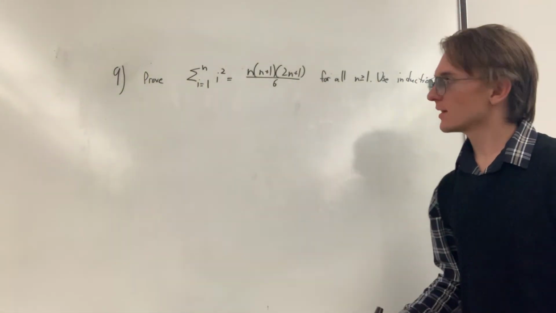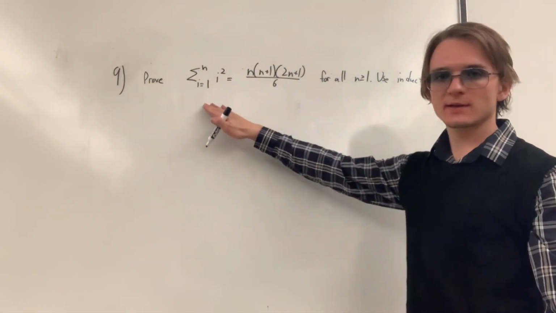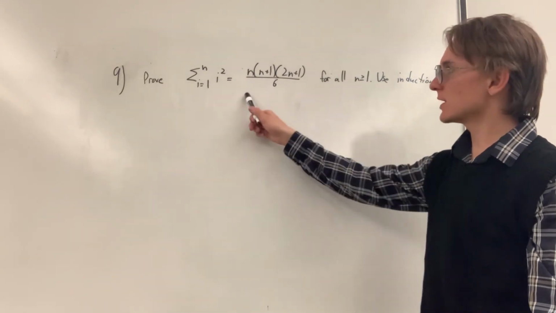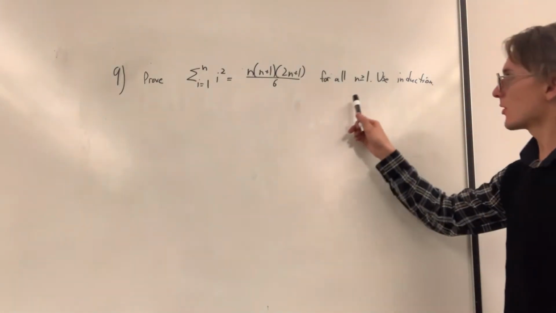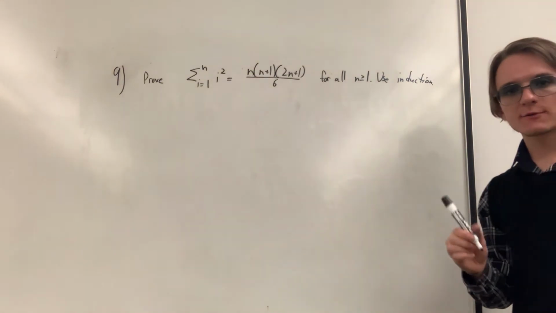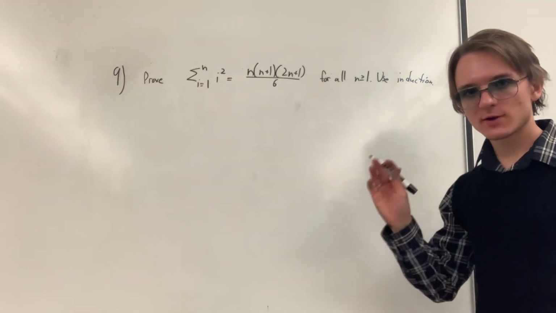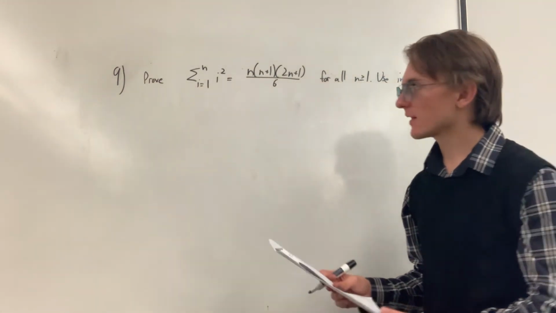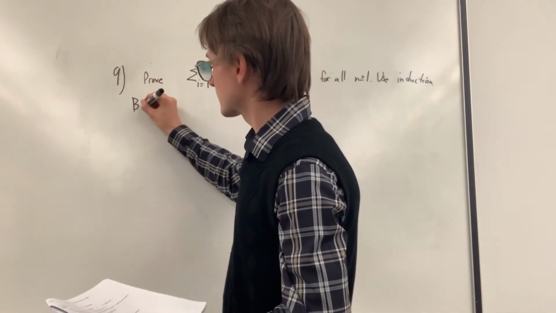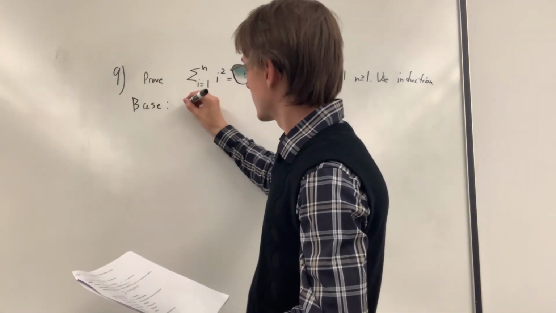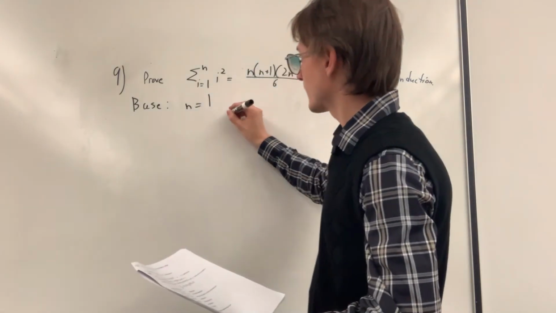All right, number 9. Prove that the sum of i from 1 to n of i squared is equal to the following formula for all n greater than or equal to 1. And we have to use induction. So this one's very complicated, but we'll go one step at a time. We have the base case. In other words, when n is equal to 1, we have the following.